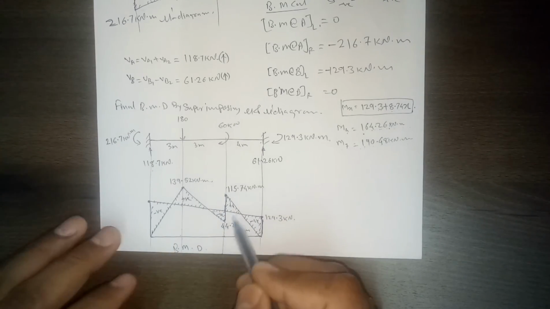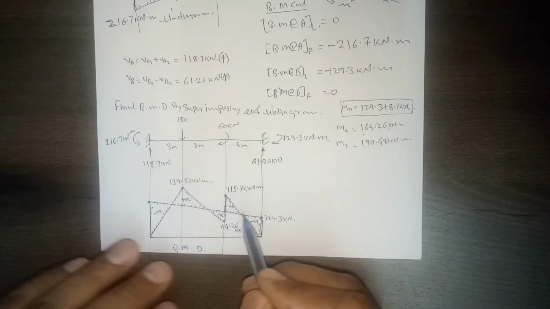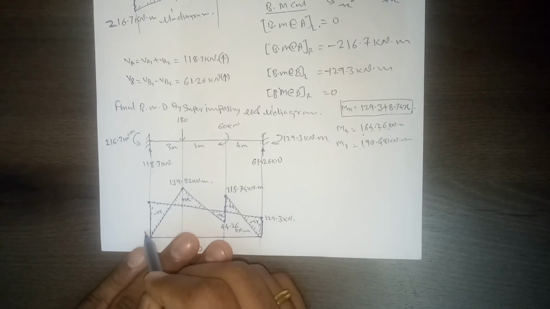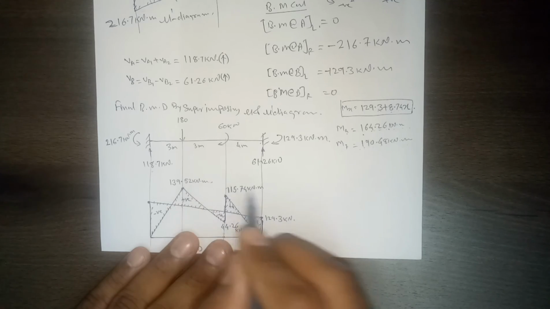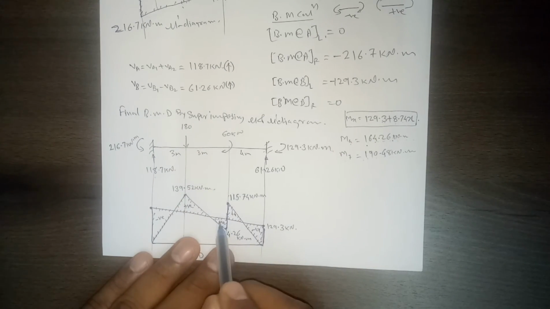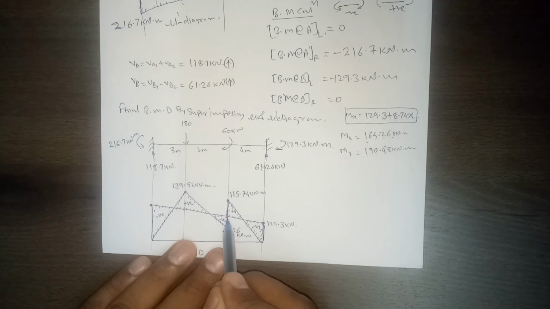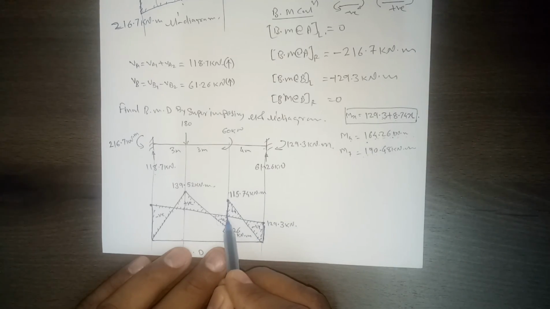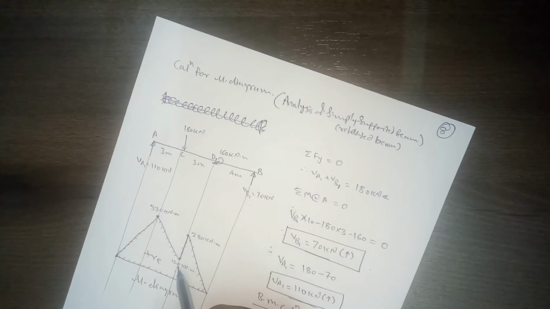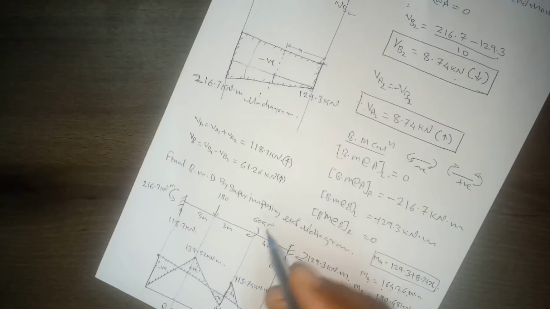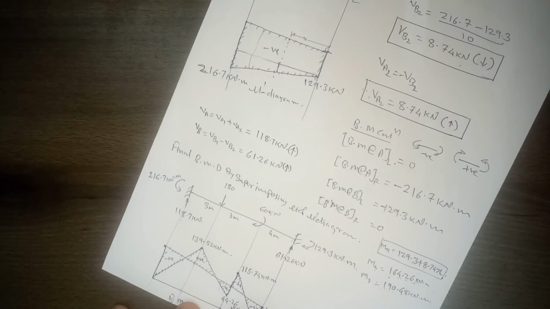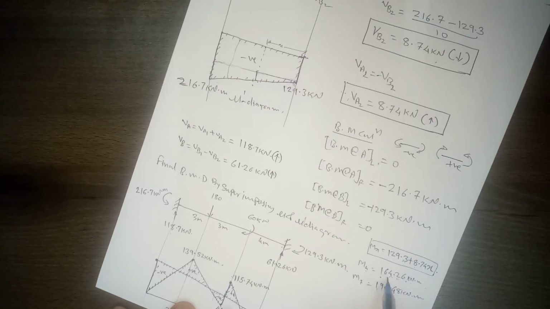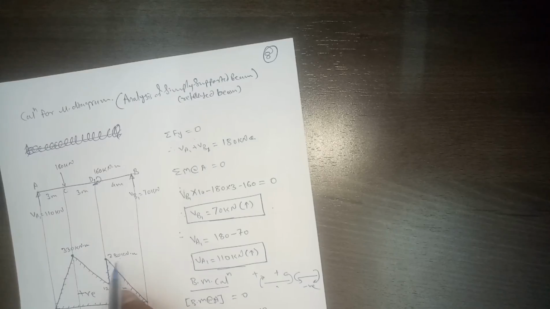When you superimpose, we should also calculate the resultant bending moment diagram. This part will get cancelled, and only this hatched portion will be there. In between there is a negative moment. So the negative moment developing is 164, so 164 minus 120 will be 44.26, and this value we can calculate by subtracting 164 from this 280 value.